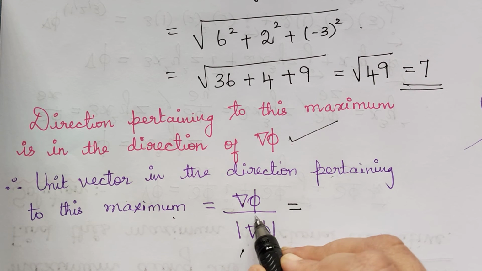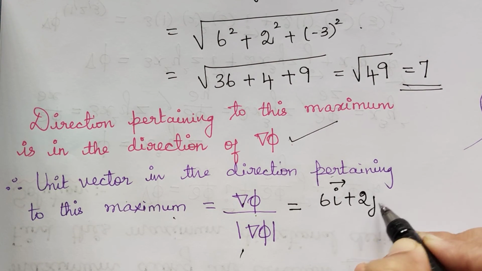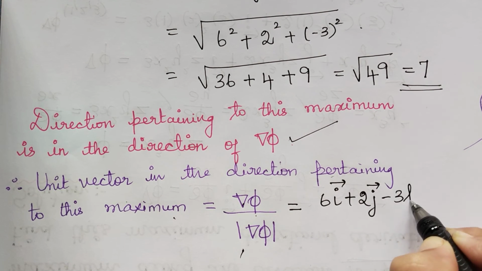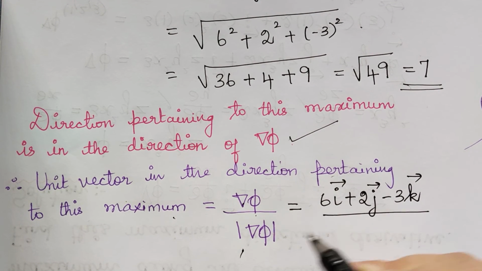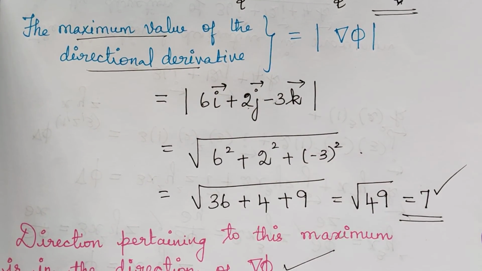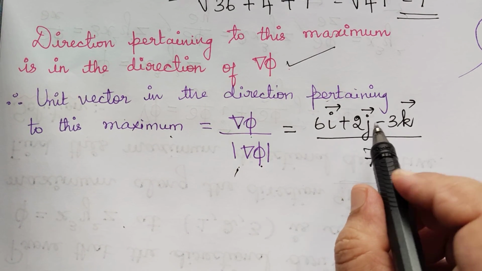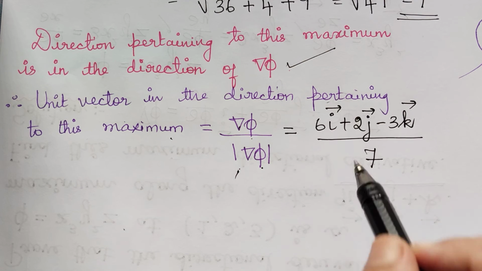What is nabla phi? Just now we found it: 6i vector plus 2j vector minus 3k vector, divided by modulus of nabla phi, which we also found was 7. So we write 7 here. Therefore this is the unit vector in the direction pertaining to this maximum.